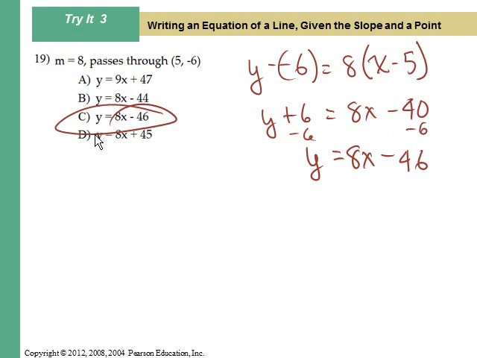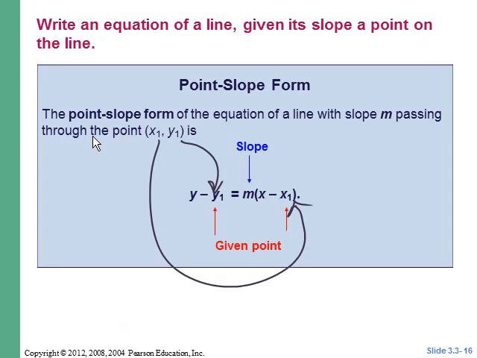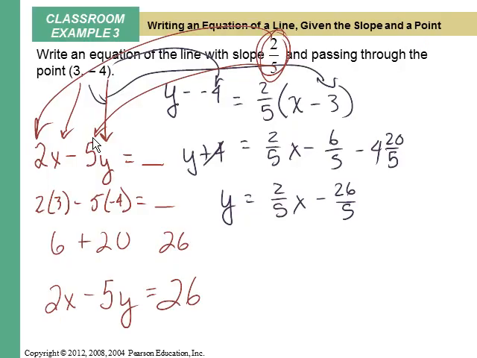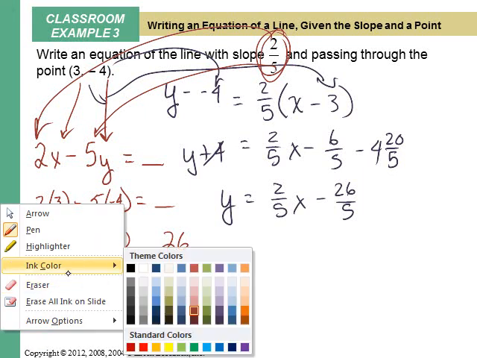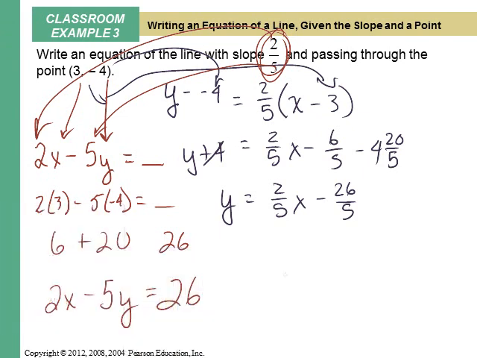Here's, I think, the easiest way to solve this type of problem. It's called Method 2 on page 163. I'm going to change color so that you can see it in a different color. Okay, so we would write negative 4 equals 2/5 of 3 plus b.